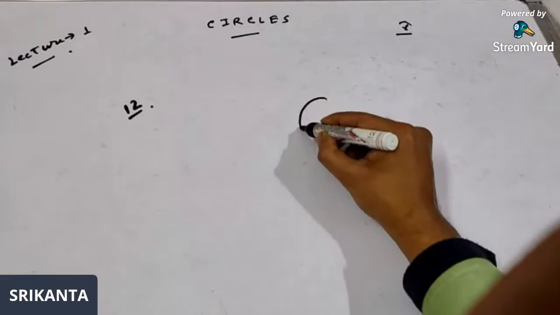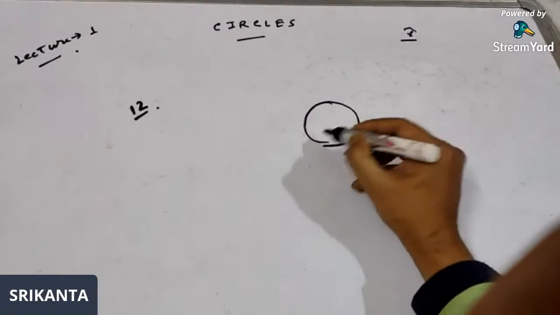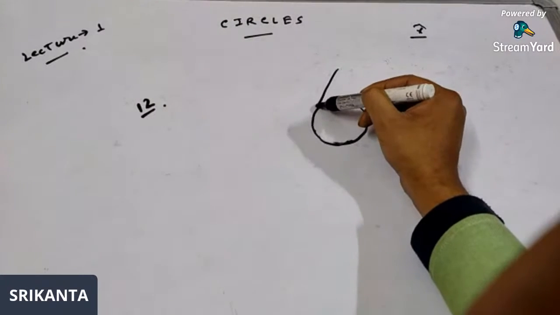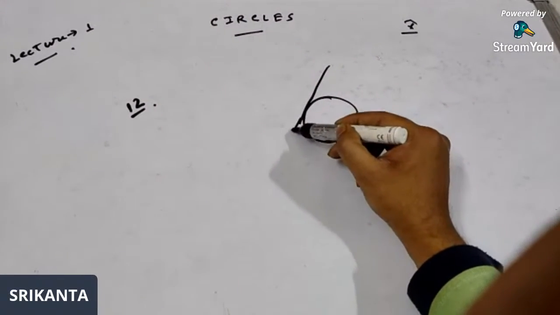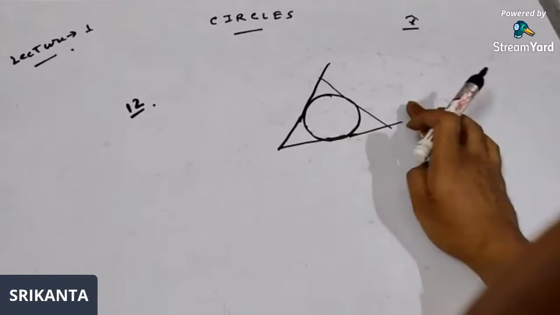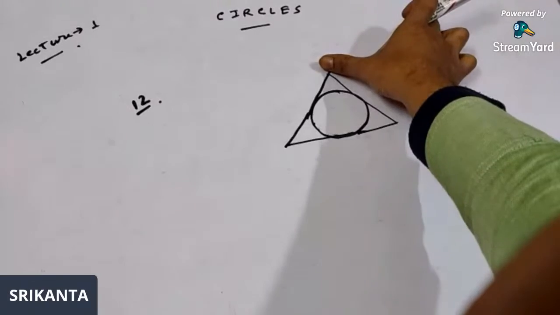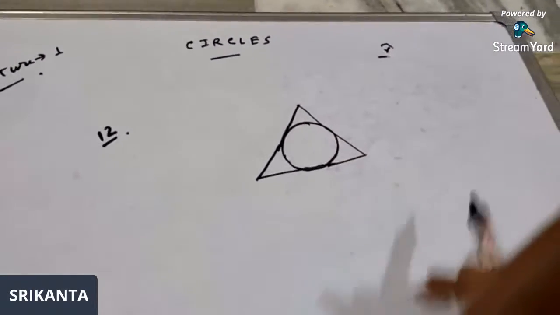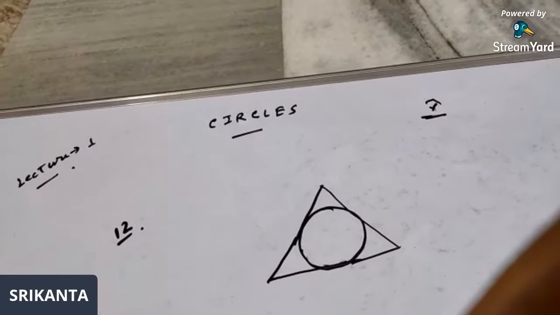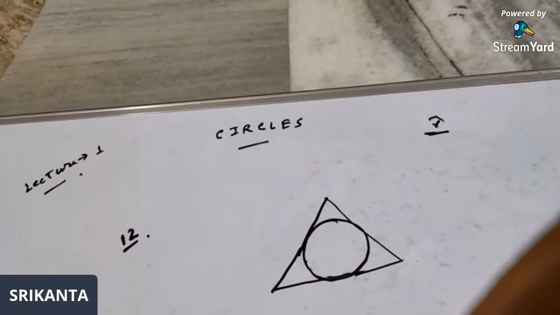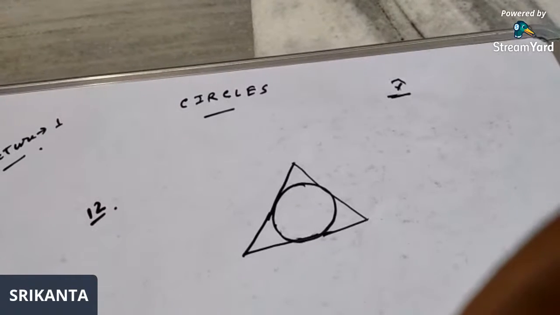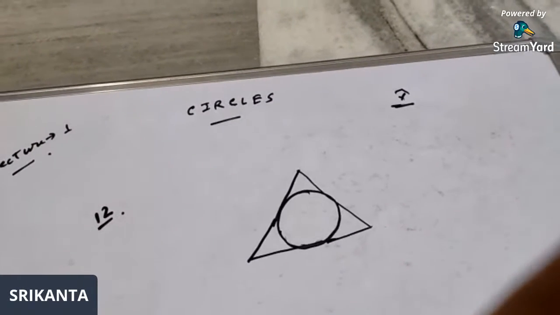Let us draw the circle then. Triangle ABC is drawn to circumscribe a circle of radius 4 centimeters. This circle's radius is 4.